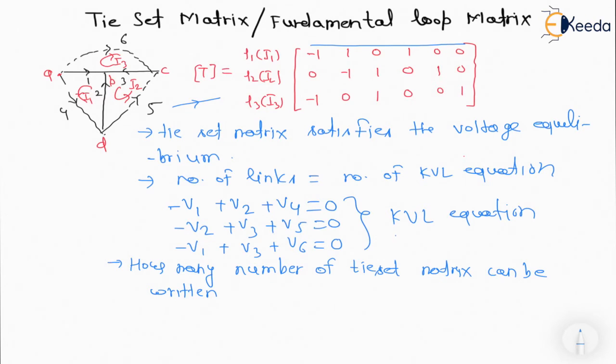We know that for a complete graph, a total of n to the power n minus 2 trees can be formed.